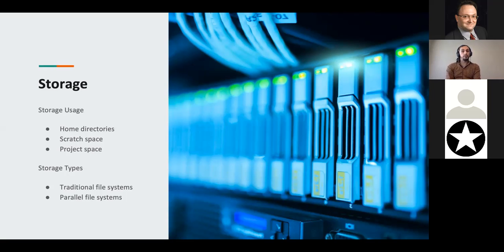Some centers still don't have quotas deployed. Because of that, some users can abuse the system. And when they do that, all of a sudden you will find your file system is full, and then you would start receiving all of these help tickets of jobs crashing. At first look, you'll be like, oh my God, something is wrong with my HPC system. But then you will look at it and see, oh, someone has filled the file system.